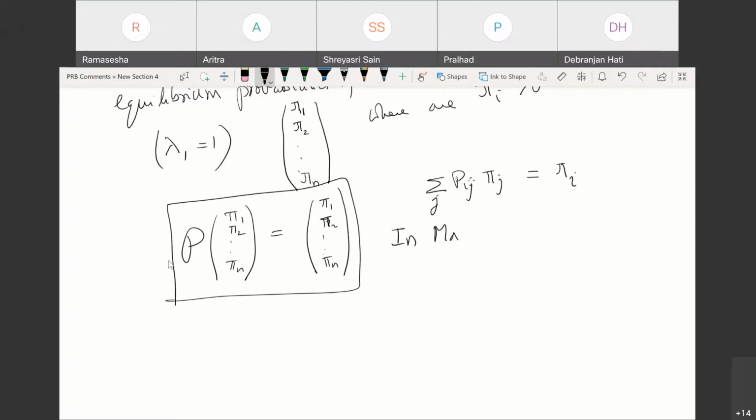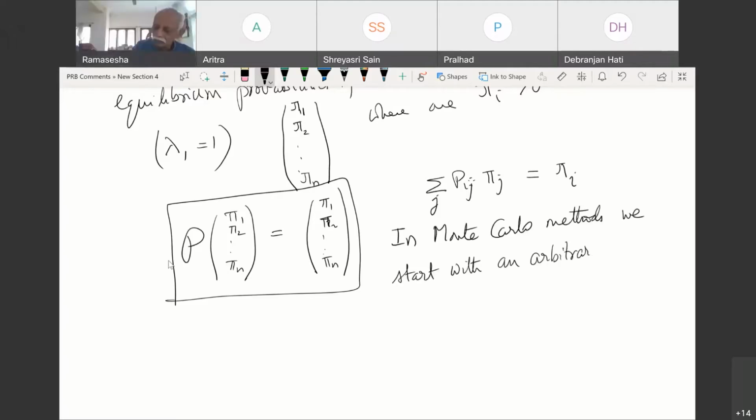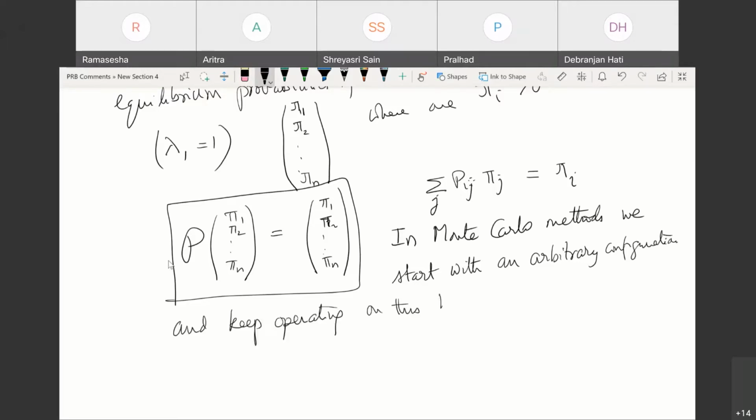In the Monte Carlo method, we start with an arbitrary configuration, an arbitrary vector x, and operate on it by the matrix P. This is done using the one-step transition probability elements.